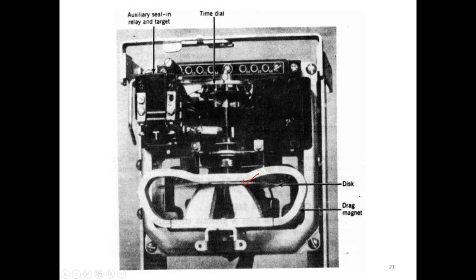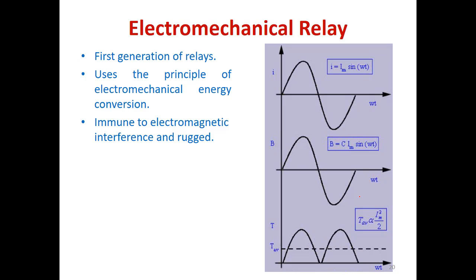So this is a very classical old relay. Now you can see this is a current, which is fed to the electromagnet. We'll go into the detail, and it produces the magnetic field.